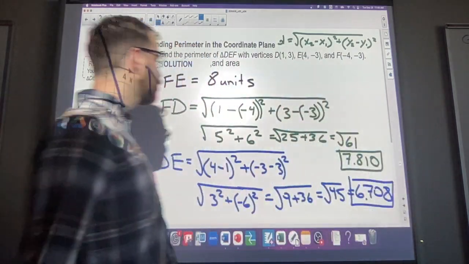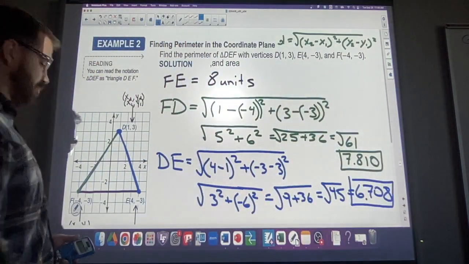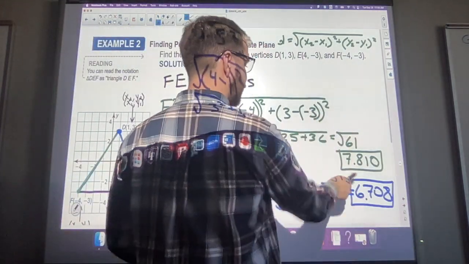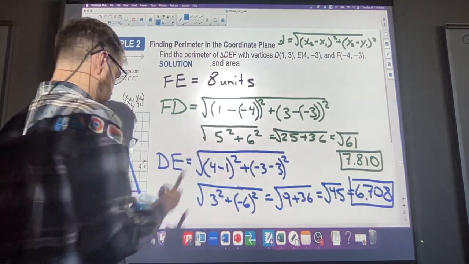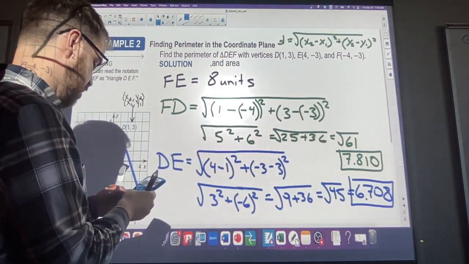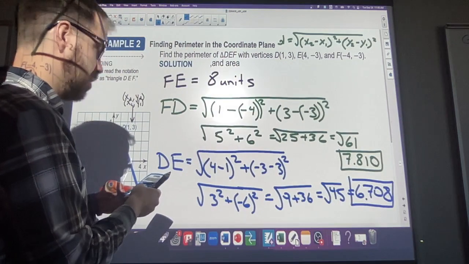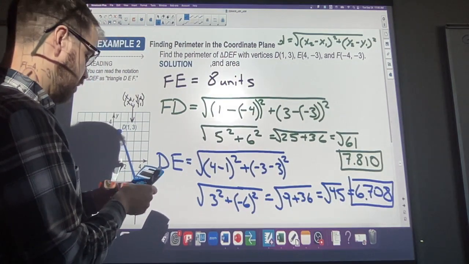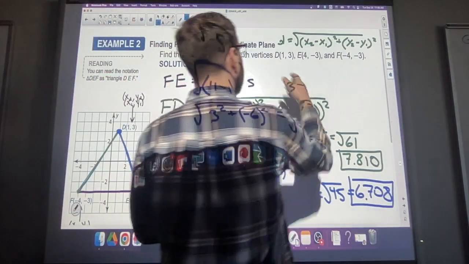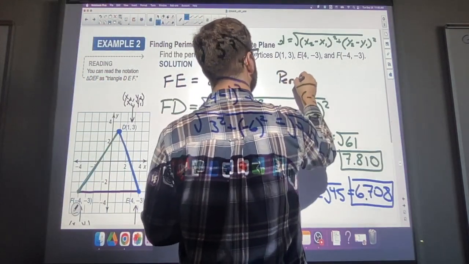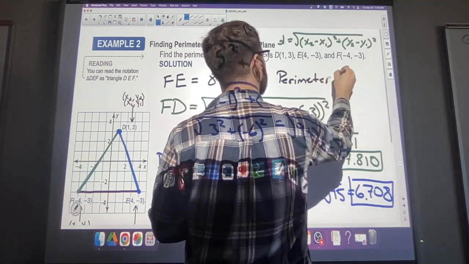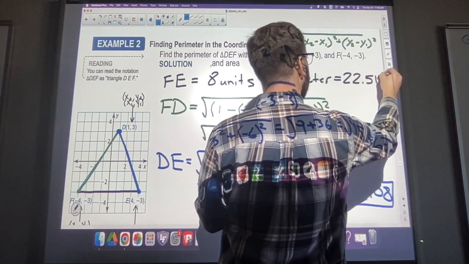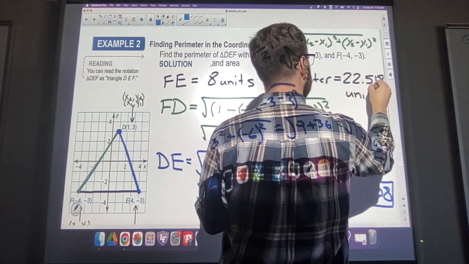Okay, so now I have all 3 of them. I need to add them all together to get my perimeter. So I'm going to do 6.708 plus 7.810 plus 8, and that should give me my answer. So I'm going to add those up. 7.810 plus 8, and I get my perimeter equals 22.518 units.